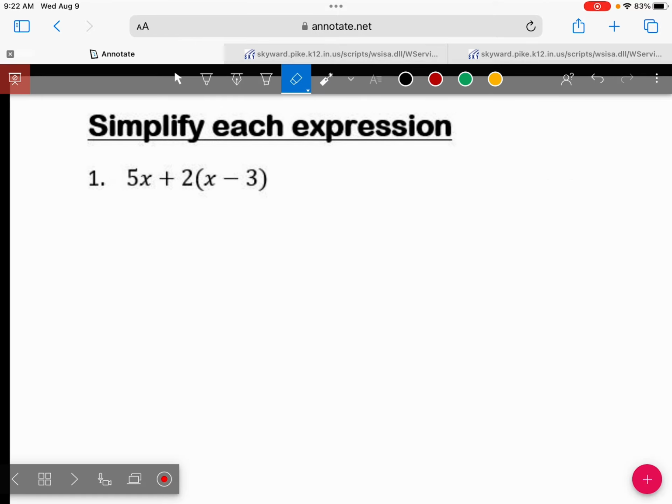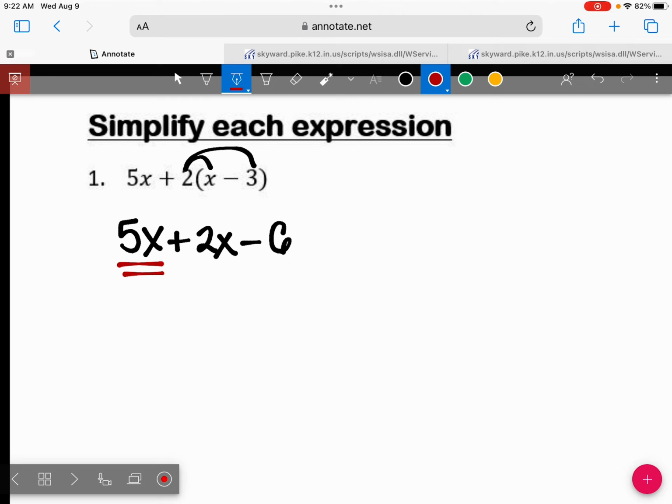First thing we're going to do is, we don't have anything to add or subtract because we have an x. So what we're going to do first is distribute the 2, which means I'm multiplying my parentheses by 2. So that would be 5x plus 2x minus 6. And then we're going to look for our like terms, which are 5x and 2x.